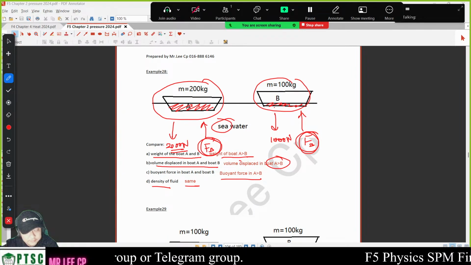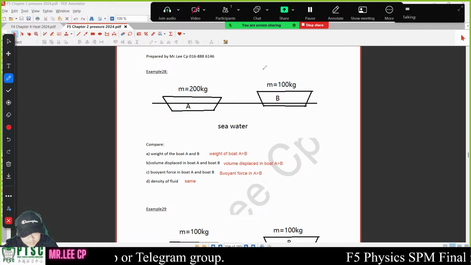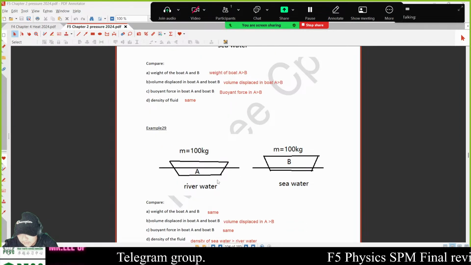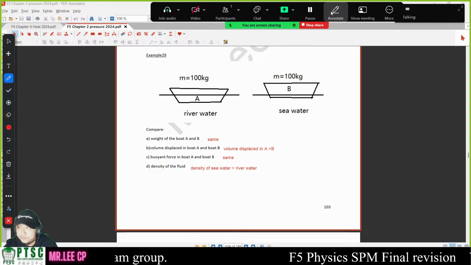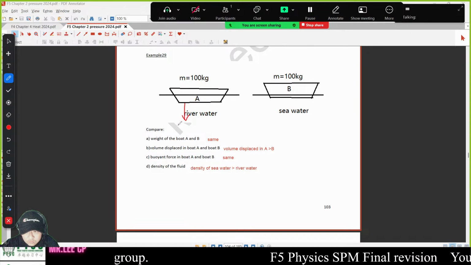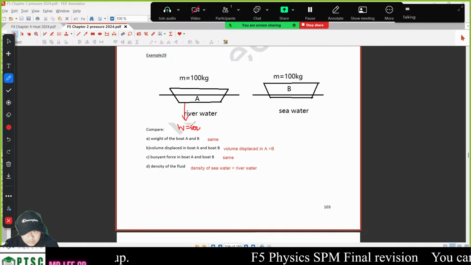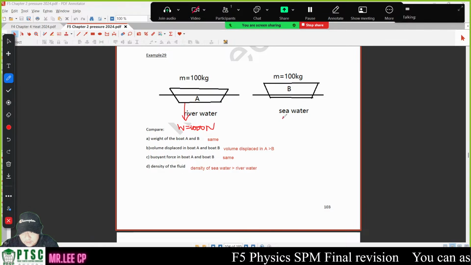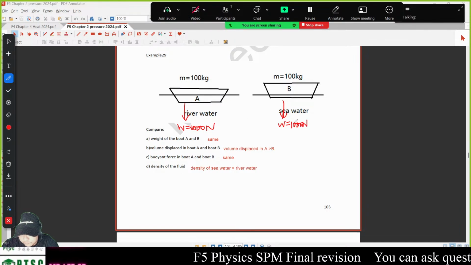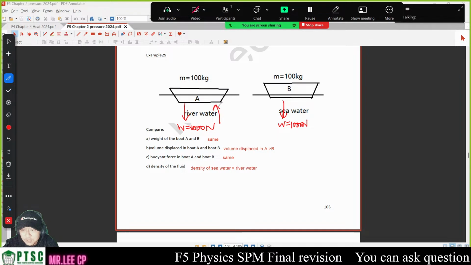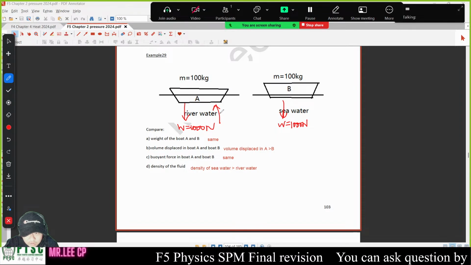But there will be another kind of question. Sometimes they'll ask you, one is river, one is seawater. Okay? Now, what is the weight? 1000. So how much is the buoyant force to make it float? 1000.